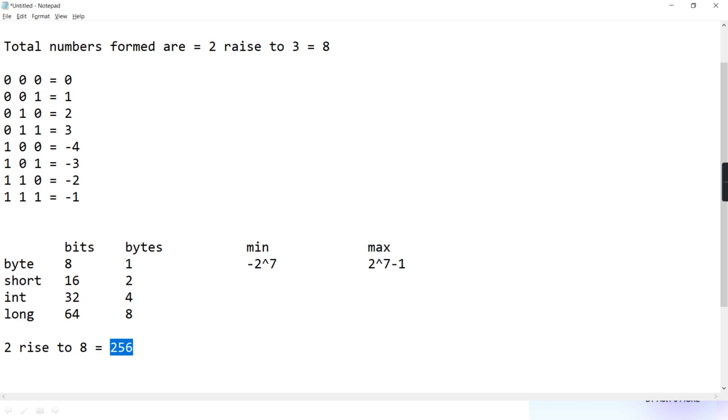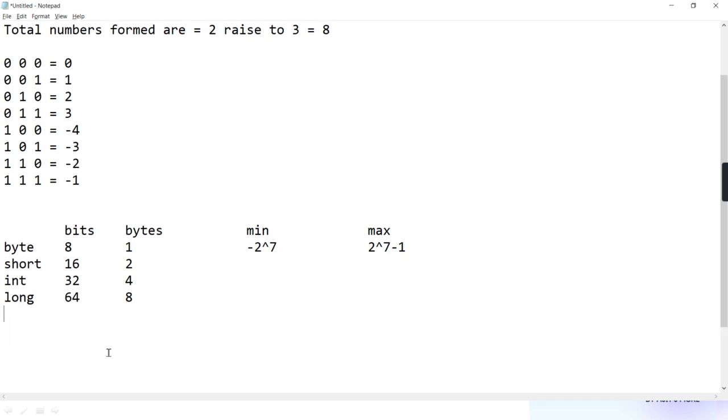So 128 numbers are positive: 0 to 127 are also 128 numbers only, and minus 1 to minus 128 are also 128. So total they are 256 only.